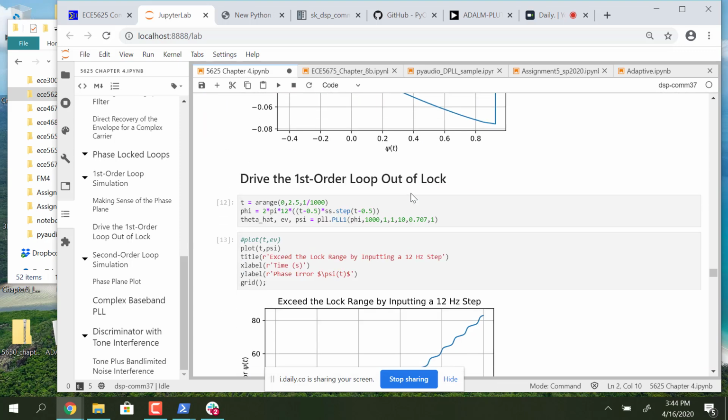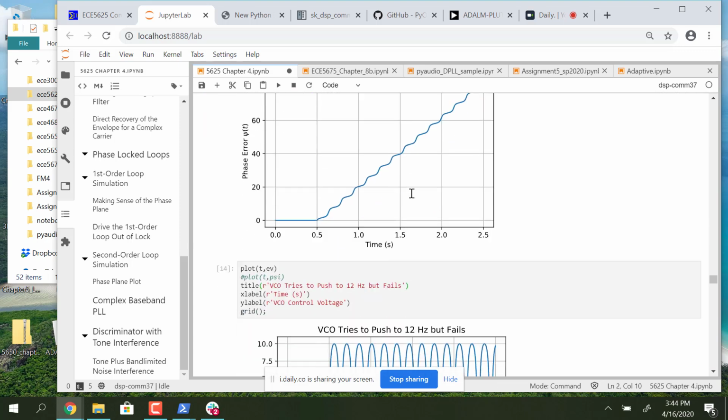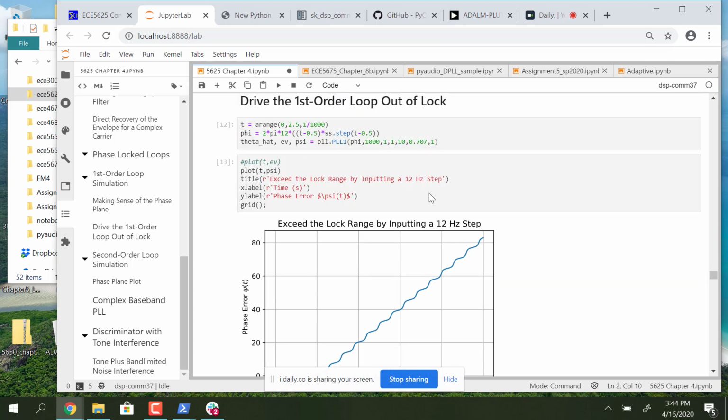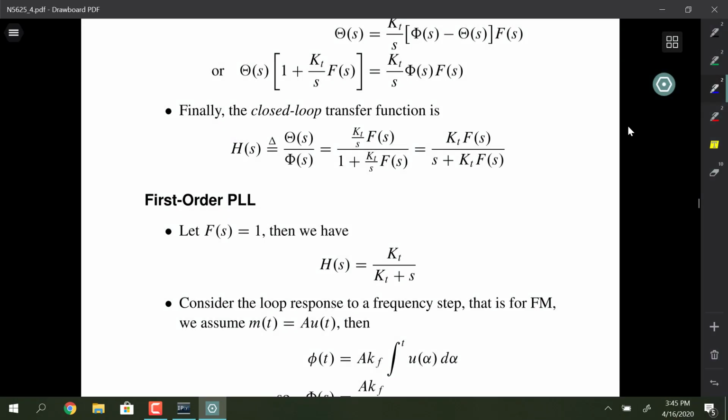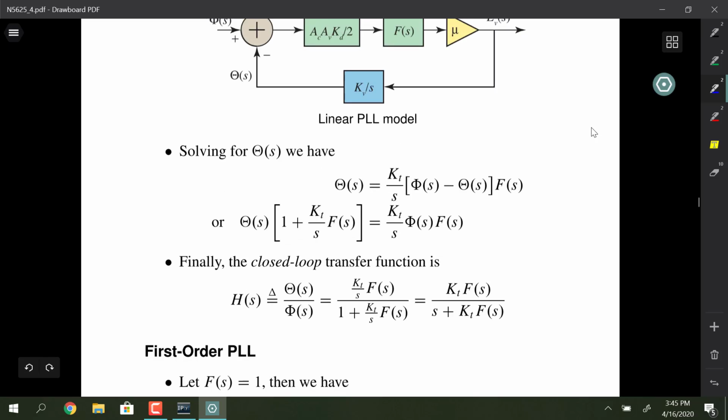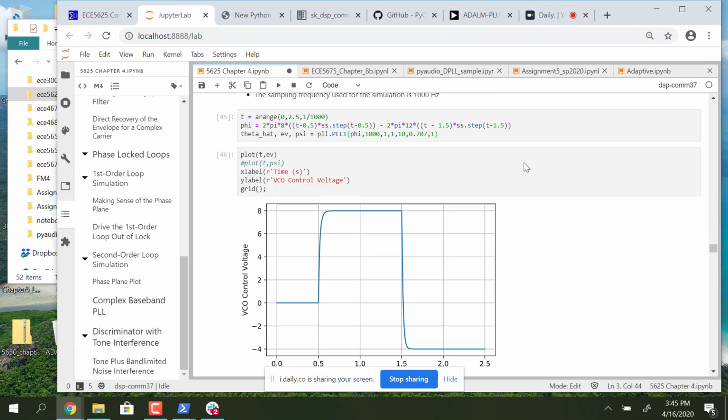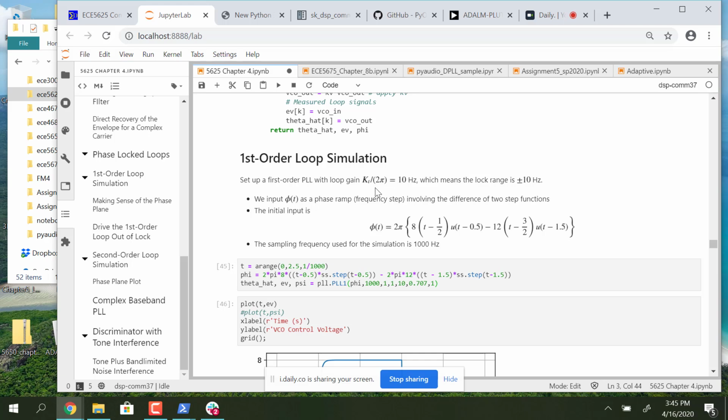We talked about phase plane. I think last time we talked about driving the loop out of lock, so that if kT or Fn equivalently, because that's going back over here. The loop gain effectively in hertz rather than radians per second is kT over 2 pi.